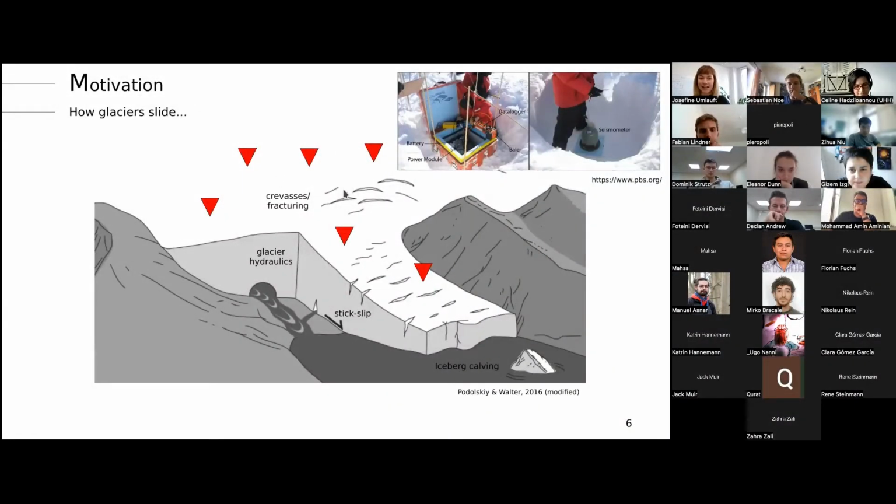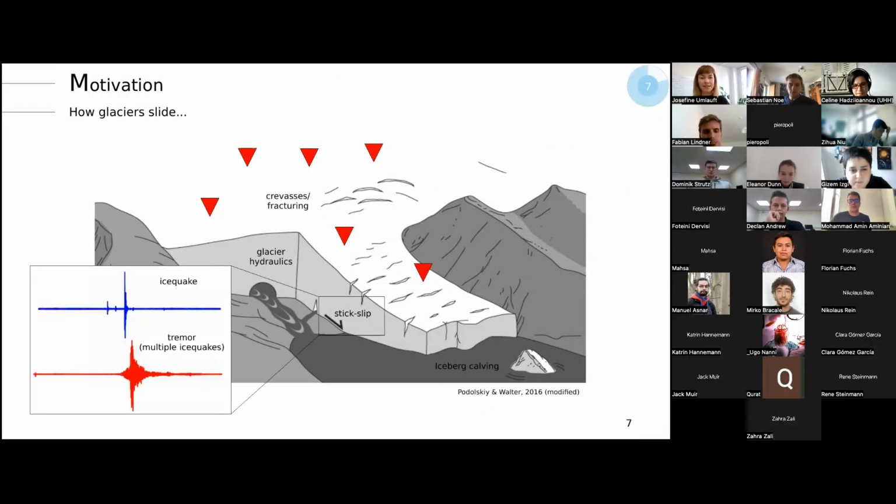And especially in the Alpine region, where you have a temperate base of glaciers, in contrast to Antarctica, for example, where you have cold-based glaciers, you have a lot of water flow, what you can see here by glacier hydraulics. So you have water at the surface of the ice, in the ice body, and also at the glacier bed. And that masks the signals that you actually want to observe. And in our case, that would be stick slip motion here at the glacier bed.